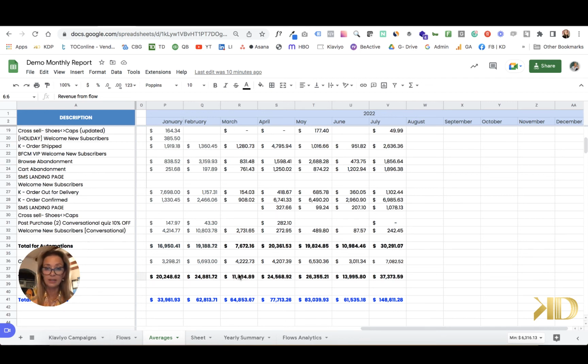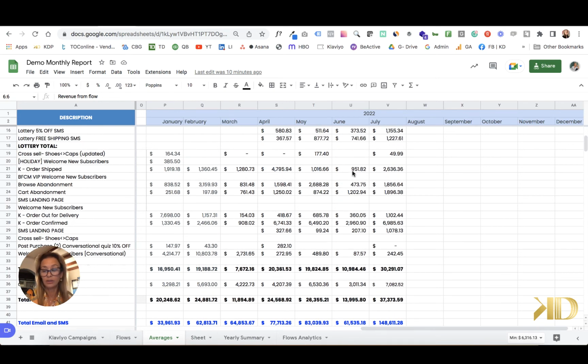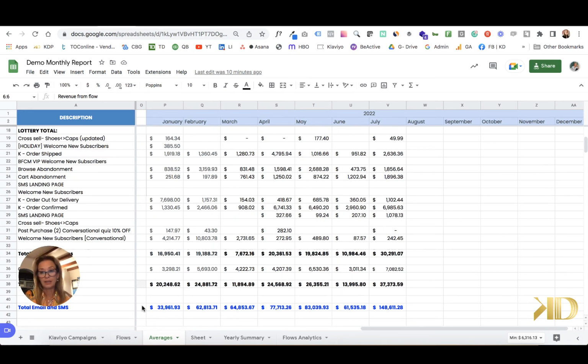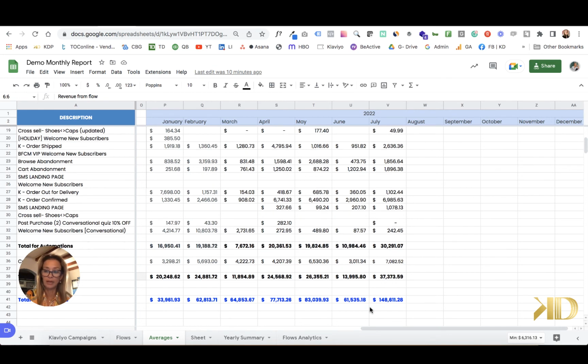I can see that in March and June there were some issues, so obviously I'll go in and check right here, or I'll go into Attentive analytics and see what happened that these numbers are not in alignment. And then obviously I get all the totals for email and SMS for Klaviyo and Attentive, with the running total on the bottom.